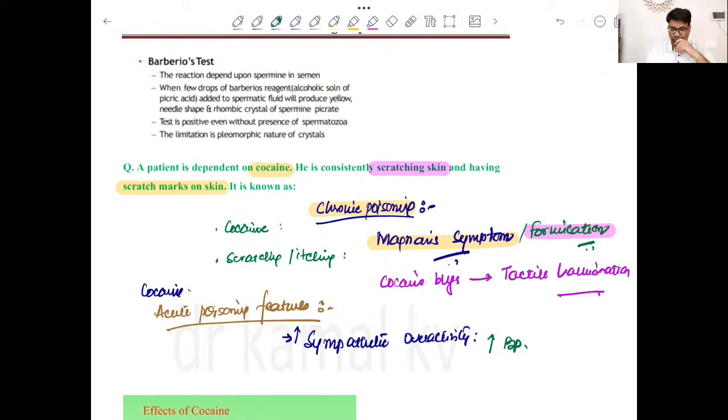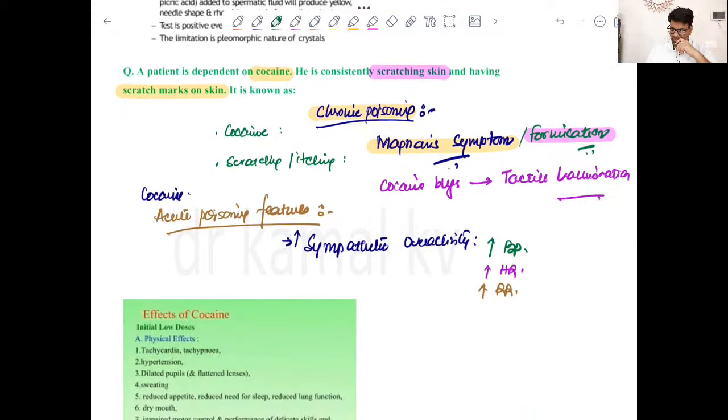It will increase. What will happen to heart rate? It will also increase. What will happen to respiratory rate? It will also increase. And what will happen to pupil? Very good, Sangmitra. You just pointed out before I could speak out, right? So yes, pupil will dilate, and of course that is known as mydriasis.